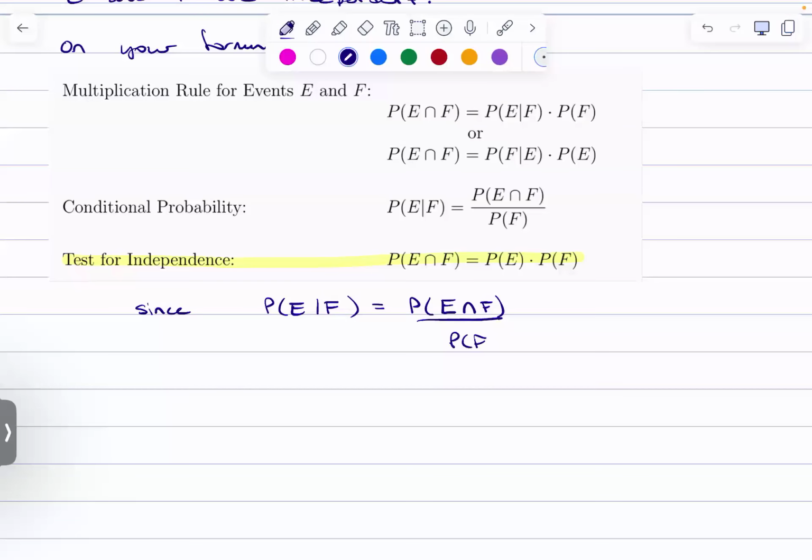So given the probability of E and F, the probability of E and the probability of F, we multiply the probability of E times the probability of F, and if the result is exactly the same as the probability of E and F, then E and F are independent.